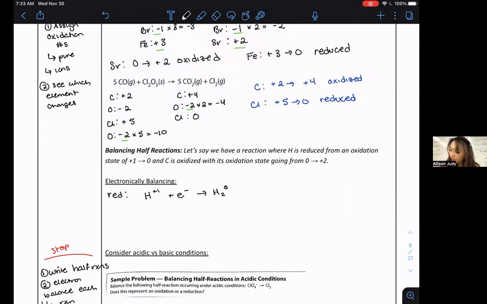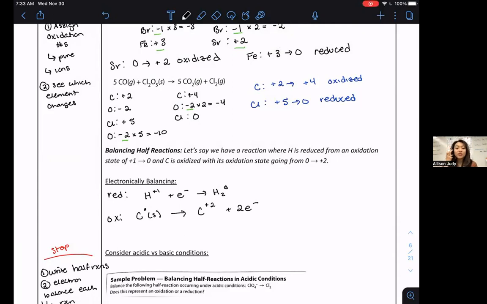And then we say for the oxidation half reaction, we have carbon, which goes from a state of 0. So this would be carbon solid, most likely. And what happens is it loses 2 electrons. So it's like 2 electrons are separated from itself. And it becomes carbon +2 and 2 electrons.